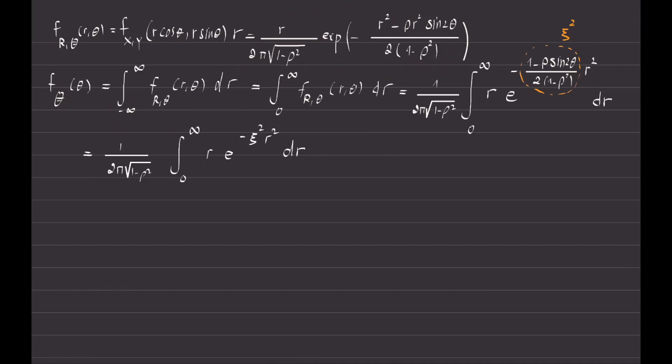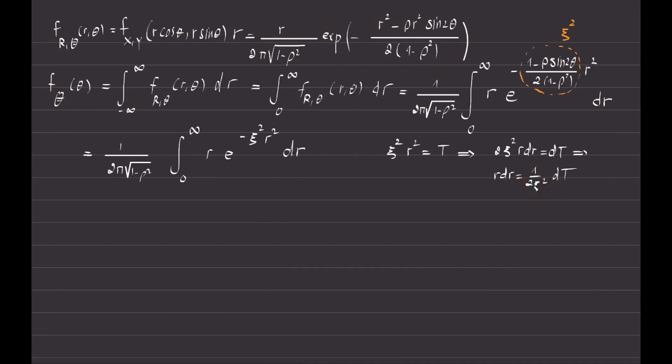Here I can take c squared r squared to be my new variable, let me call it t, for example. Differentiate both sides, so it becomes 2 c squared r dr equals dt. So this means that r dr is 1 over 2 c squared dt. Instead of r dr, I can put this expression.